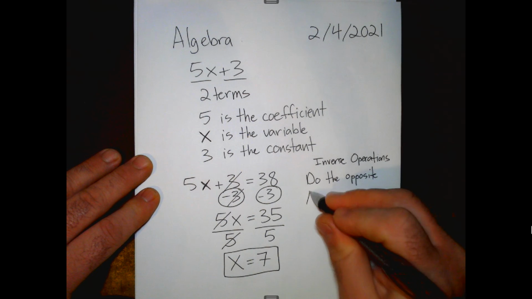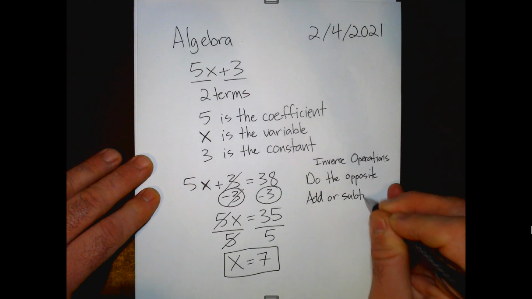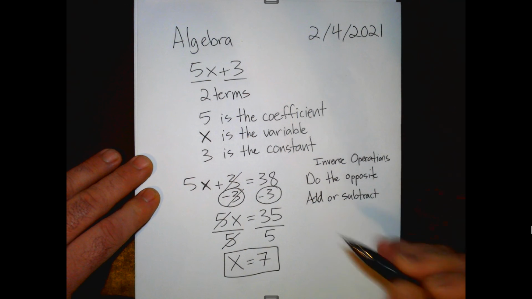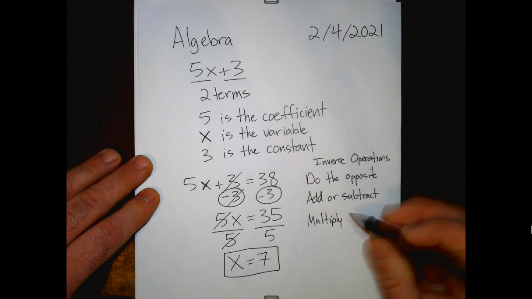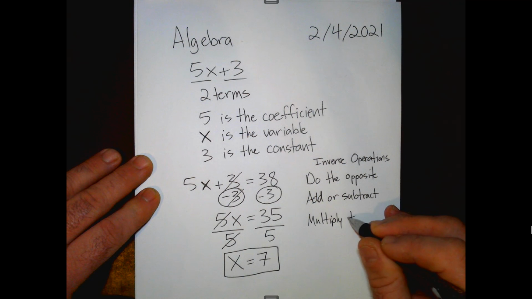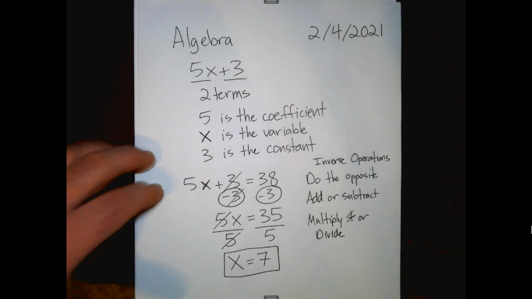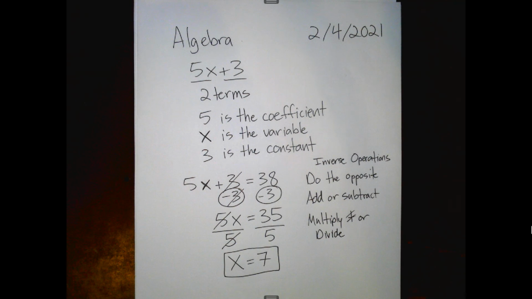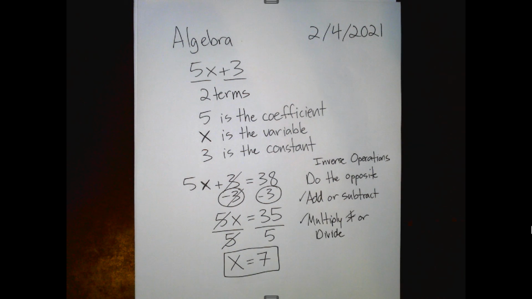You want to first add or subtract, and then once you add or subtract, you want to multiply or divide, depending on the situation. So if x is being multiplied by 5, you do the opposite. Okay, you do the opposite, called the inverse operation. You add or subtract, then you multiply or divide, and all the while you simplify.